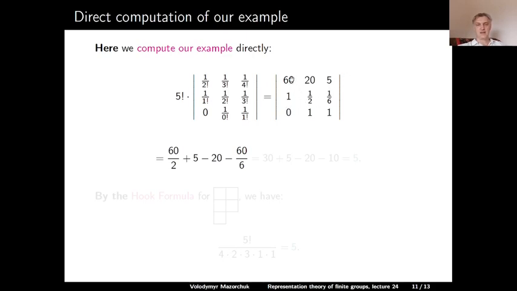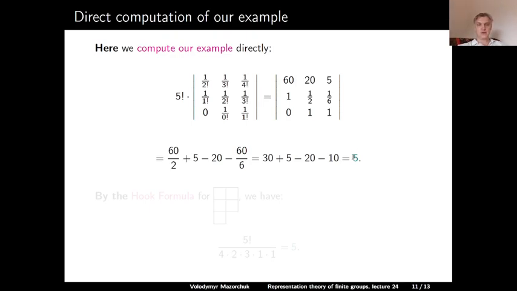And then minus 60 times 1/6 times 1, so minus 60 divided by 6, and minus 20 times 1 times 1, minus 20. So this gives us the expression 30 plus 5 minus 20 minus 10, which is equal to 5. So the determinantal formula applied to the partition 2, 2, 1 gives us 5.